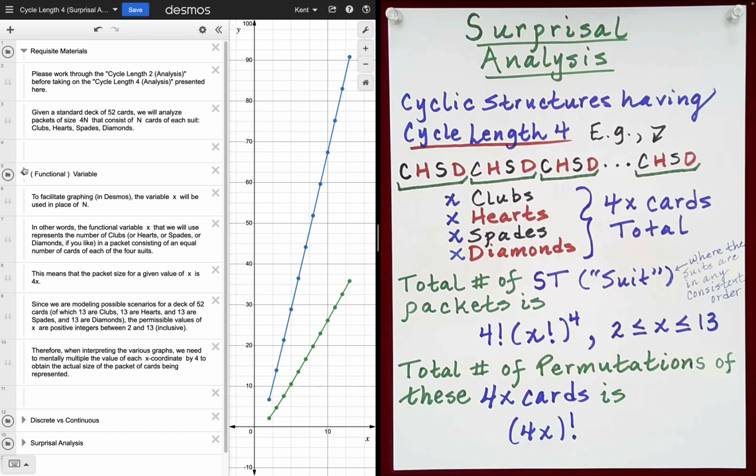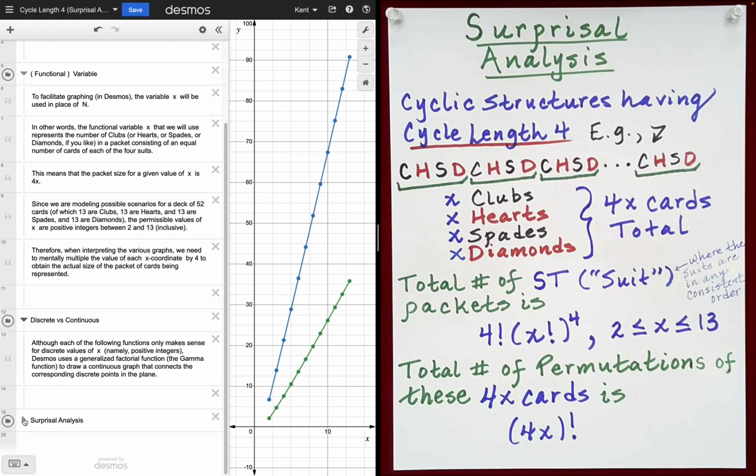Therefore, when interpreting the various graphs, we need to mentally multiply the value of each x-coordinate by 4 to obtain the actual size of the packet of cards being represented. Although each of the following functions only makes sense for discrete values of x, namely positive integers, Desmos uses a general factorial function, the gamma function, to draw a continuous graph that connects the corresponding discrete points in the plane.